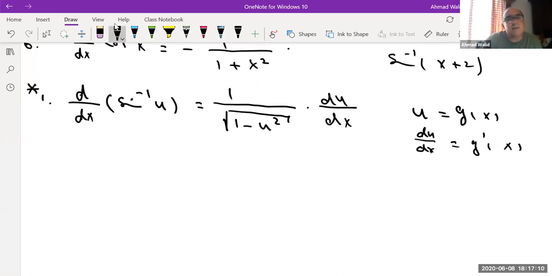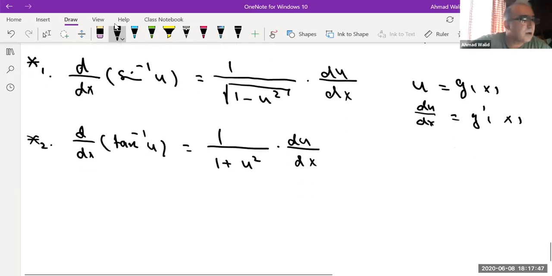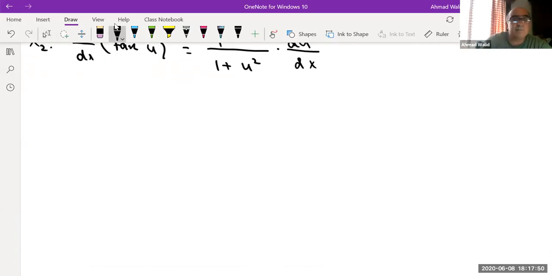Maybe for tangent, I will put also, star number 2. d/dx of inverse tan u equals 1 over 1 plus u squared times du/dx. Again, your u is g of x and du/dx will be g prime of x. Right? This table has all 6 inverse trigonometric functions with their derivatives. Correct? Now, let's do some examples.